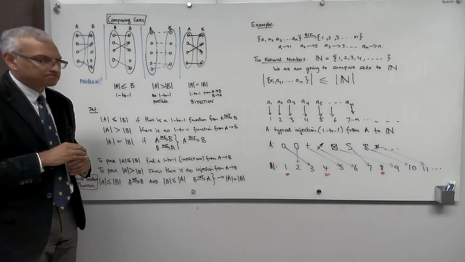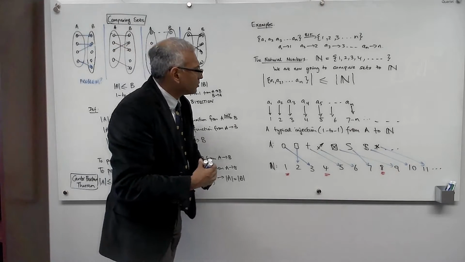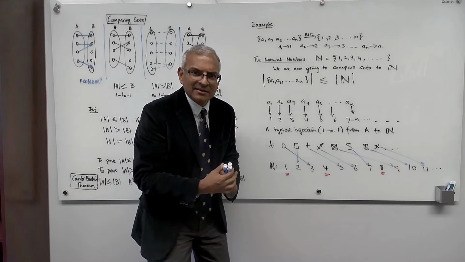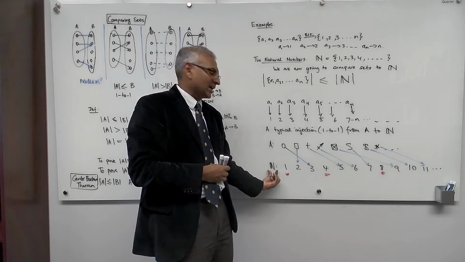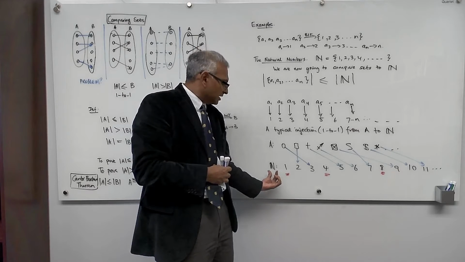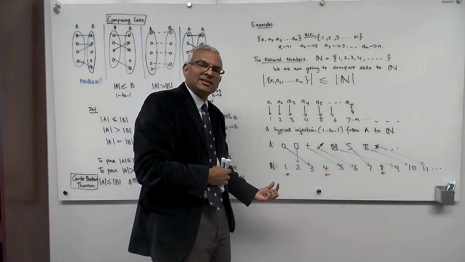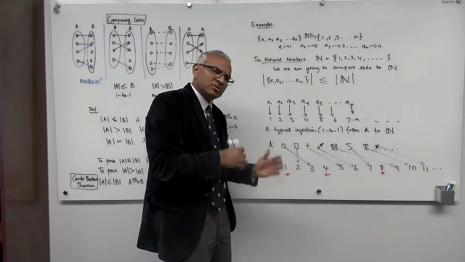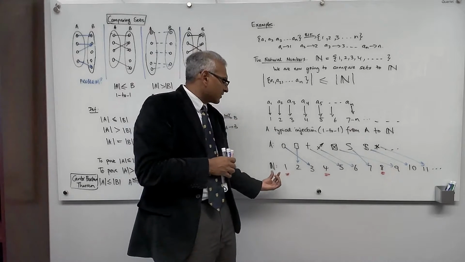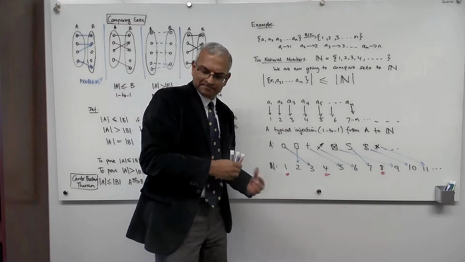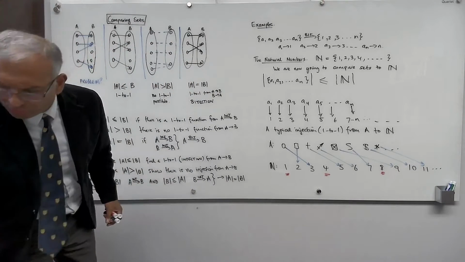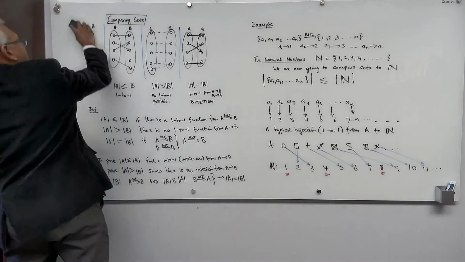So we are going to be interested in which sets have a cardinality smaller than N, which sets have a cardinality that's equal to N, and which sets have a cardinality that's strictly larger than N. For the moment, let's talk about the sets that have a cardinality that's less than or equal to the cardinality of N. And that brings us to what we call countable sets.